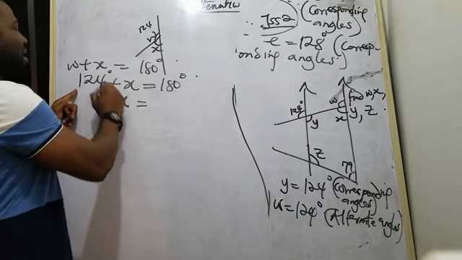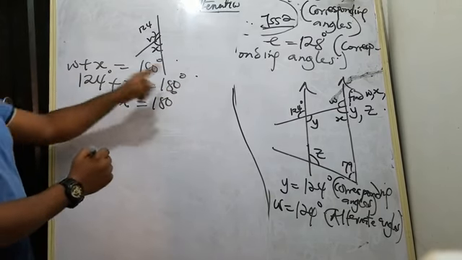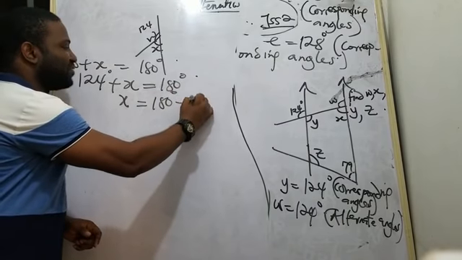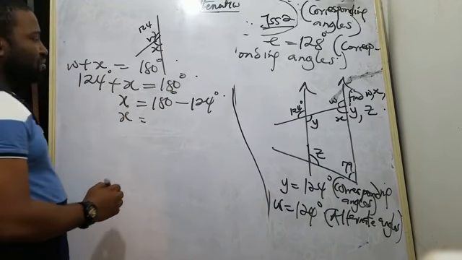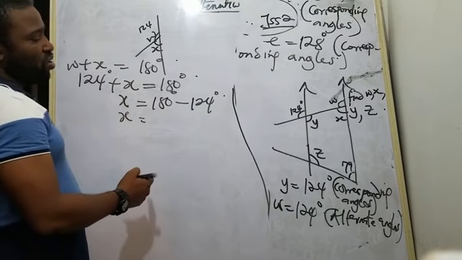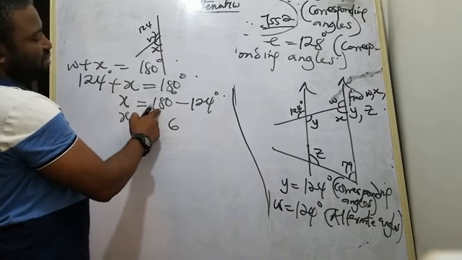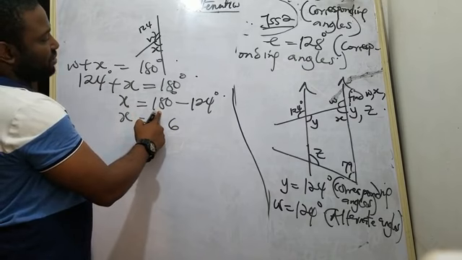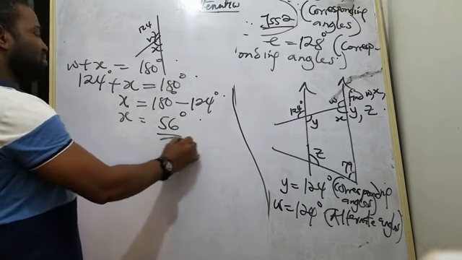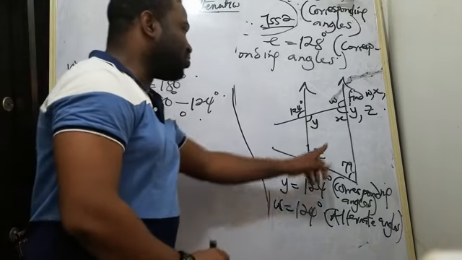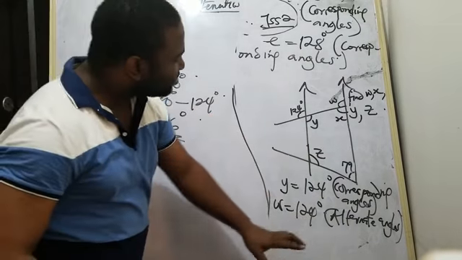This one, you go and meet your family. So you have 180 degrees. This is positive. When it crosses the equal to, it becomes what? Negative 124 degrees. So what's your X? Your X will be 180 minus 124. What will you get? 56 degrees. It means your X is equal to 56 degrees. Okay?